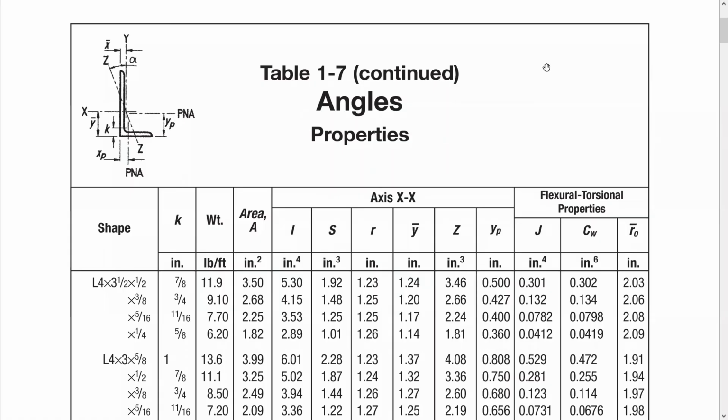If you go to the steel manual, the one I just uploaded to you in the files, you go to Part 1, which is dimensions and properties, Table 1-7, angles, properties.